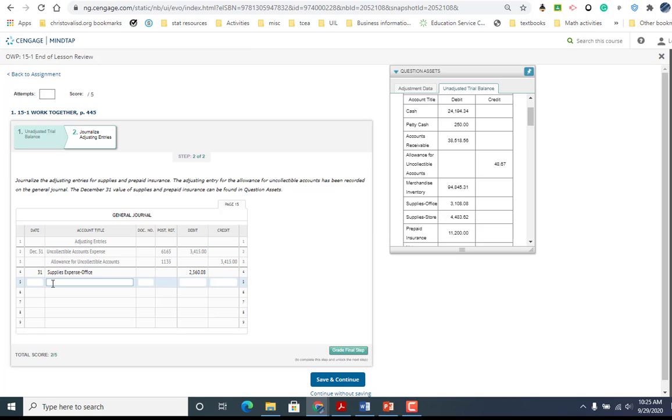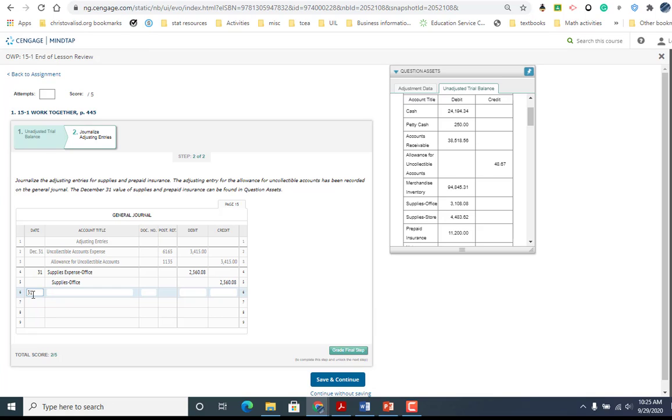The credit account is not supplies expense, it's the supplies account, which is your asset. And that's going to get the same number, 2560.08. And it should automatically adjust it in.